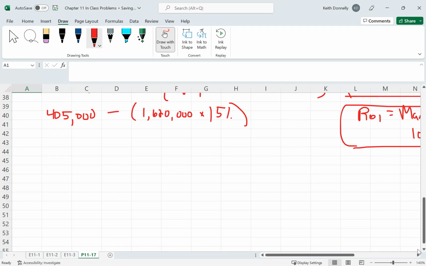All right, so with this, if we solve in the parentheses, there's 1620 times 15%. That's going to be 243,000. Right over here, our net operating income, we'll just carry that down.